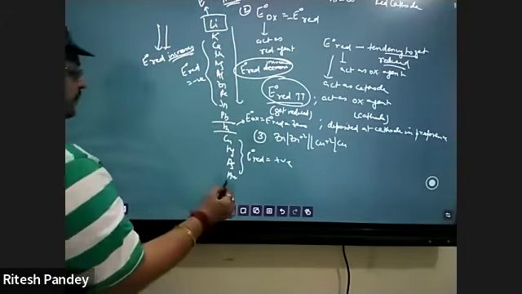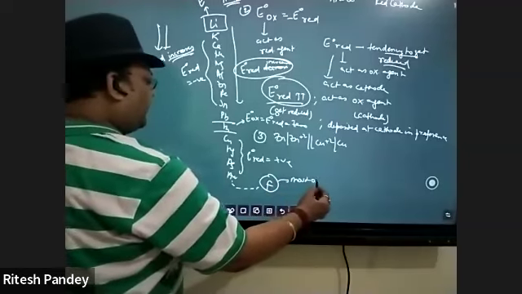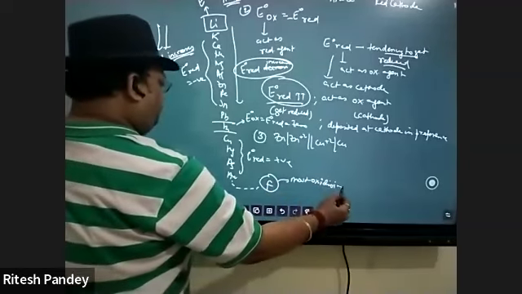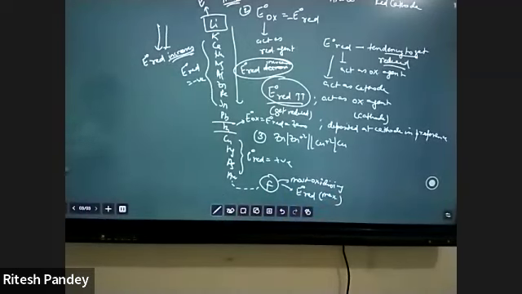And right at the bottom, fluorine is the one which is most oxidizing, will always get reduced and will have maximum reduction potential. So I wanted to do it with some sense of urgency. I think we're happy with this and we'll want to move on.